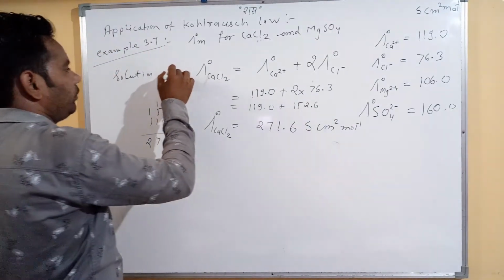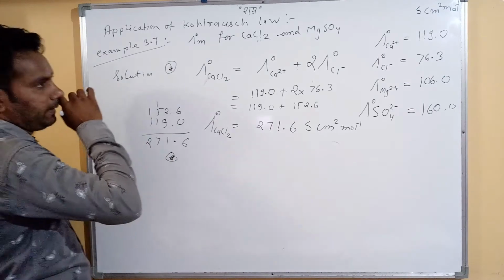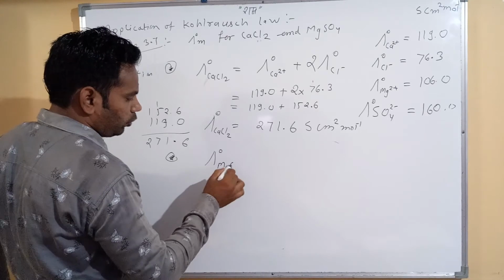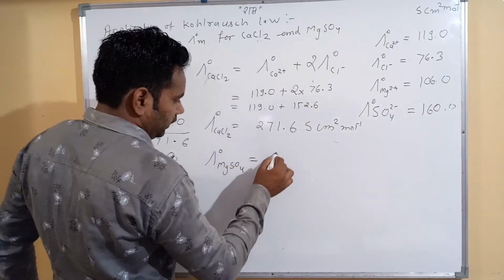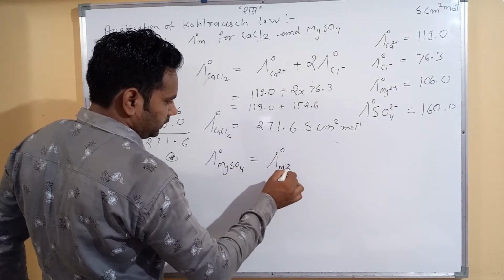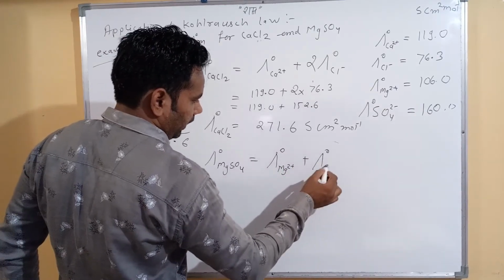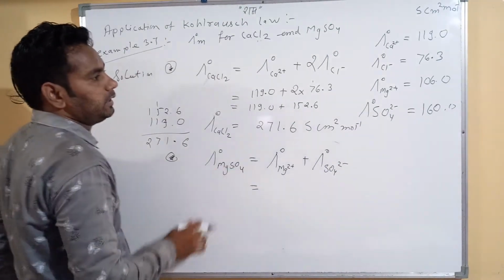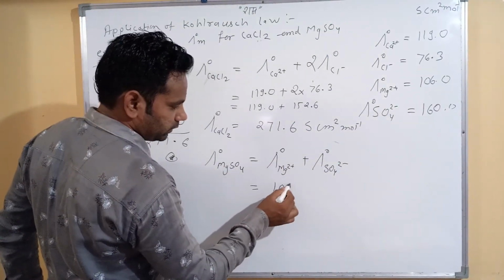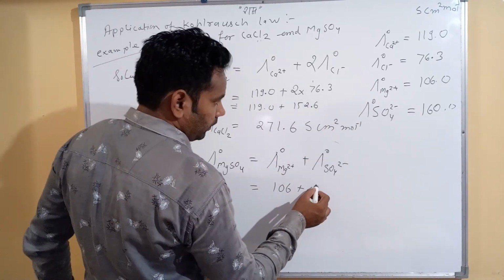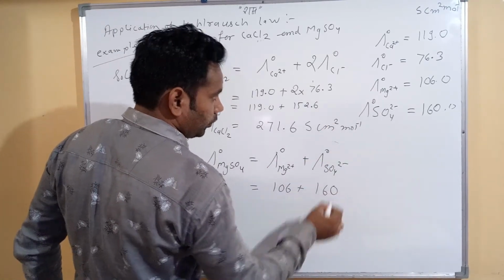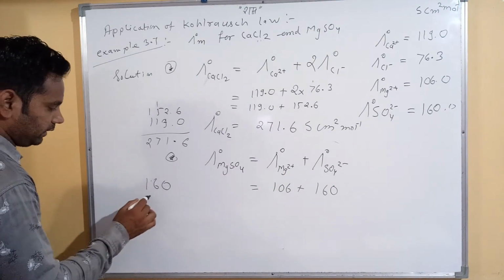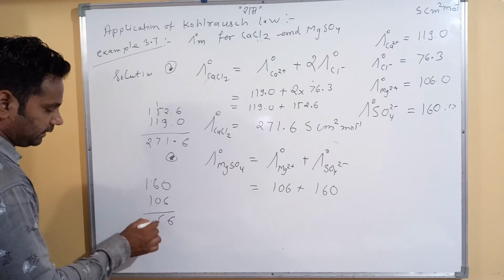Again, we want one more limiting molar conductivity, for MgSO4. So I write MgSO4 according to Kohlrausch's law is equal to Mg2 plus plus SO4 2 negative. Now put the value of Mg2 plus, which is 106, plus 160. 160 plus 106 is 266.